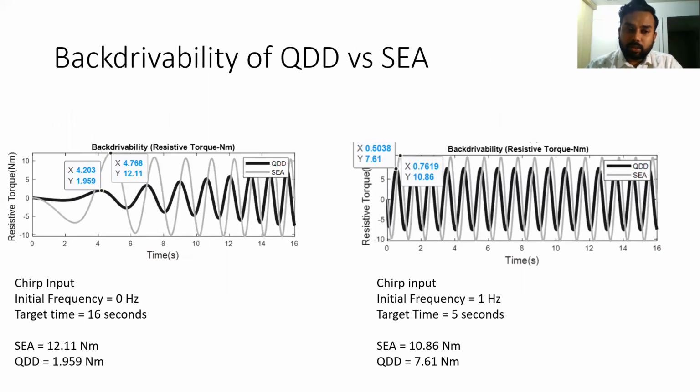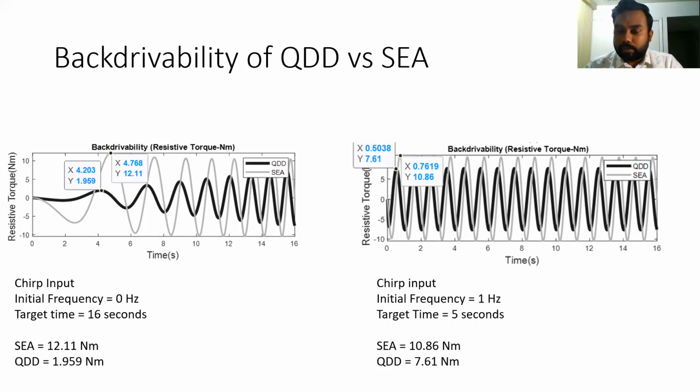On the left side is shown the chirp input with 0 frequency and 16 seconds target time, where we can see the backdriveability of SEA and QDD by looking at the amplitude of the resistive torque. So the lower the torque, the lower the friction, and the higher the backdriveability. We can clearly see over here that QDD has a much higher backdriveability than SEA.